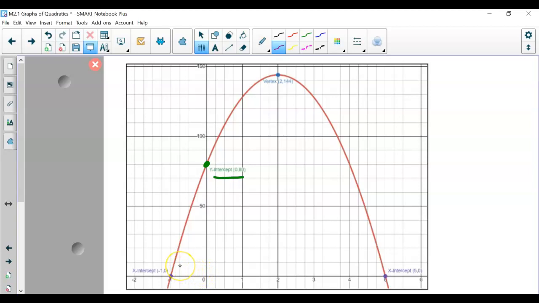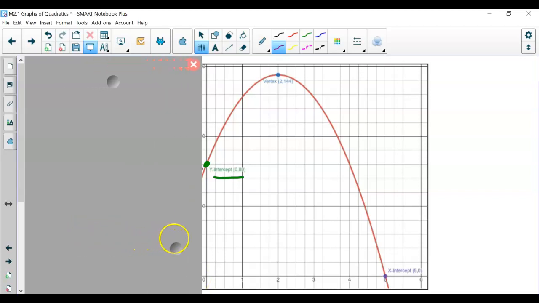No. So truly, does it make sense that we're going to include this section of our graph? Well, no, because you can't consider something using negative time because this is all in the negative. So really, to make this reasonable, we're just going to focus on the positive x values because that is going to be your time. So that's why we're only focusing on the positive 5.